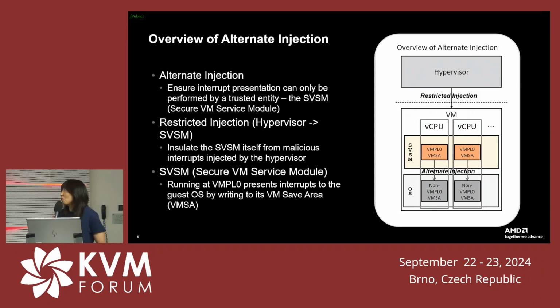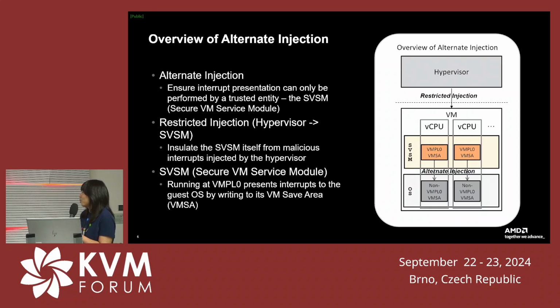Let's take an overview of alternate injection. The hypervisor is going to use restricted injection to inject the interrupt into the SVSM. By using restricted injection, we can protect the SVSM from malicious interrupts. Therefore, it leaves the guest OS safe.